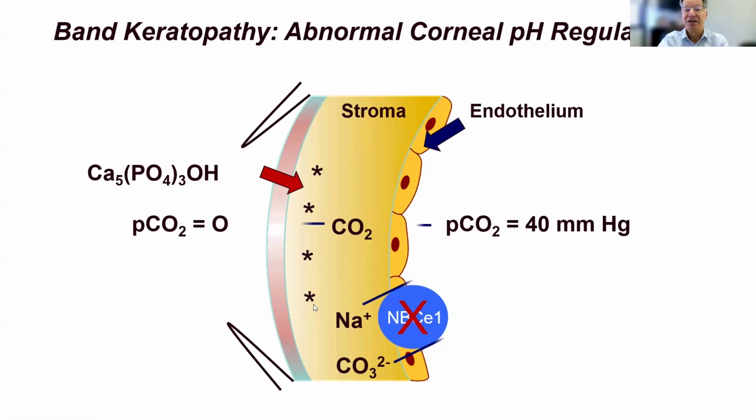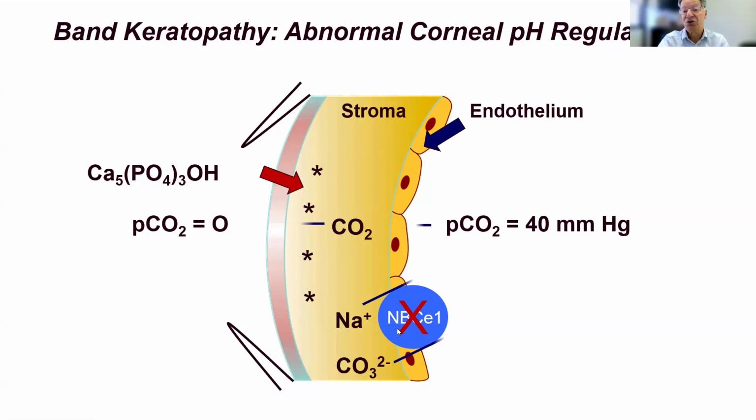We need to do that because if we don't prevent this alkalinization, every time we open our eyes, calcium phosphate is going to precipitate. So remember, calcium phosphate solubility is very pH sensitive, not just in our urine when we think of calcium stones, but in every solution, including the front of our eye and also the stroma of the eye. So the sodium carbonate symport here removes carbonate and lowers the pH again back to normal.